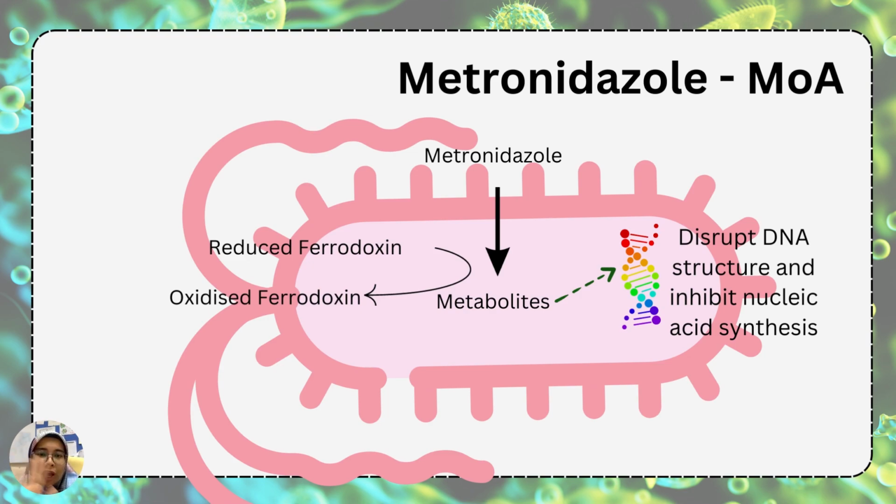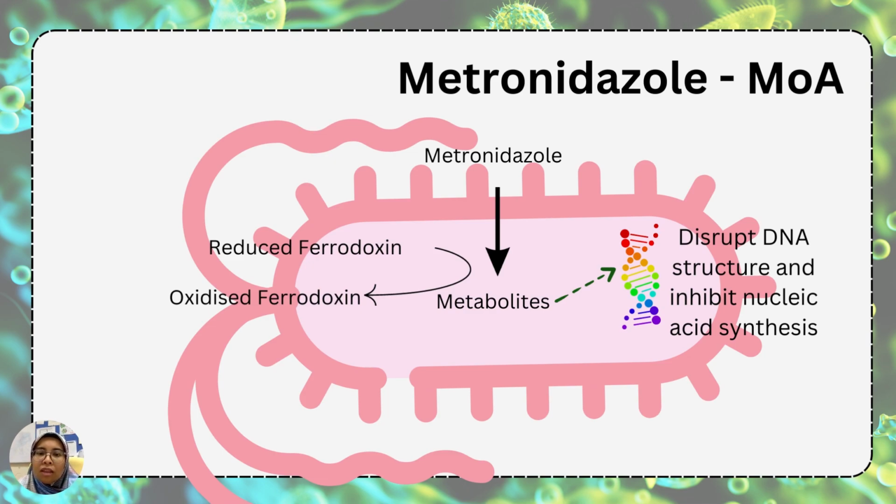Okay, kita start balik. Okay, metronidazole dia akan react dengan reduced ferredoxin. Okay, and reduced ferredoxin ni bila dia dah react dengan metronidazole, dia akan tukar jadi oxidized ferredoxin. And metronidazole tadi yang lepas reaction dengan reduced ferredoxin akan jadi active metabolites.